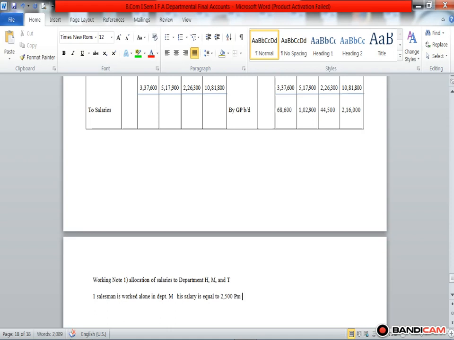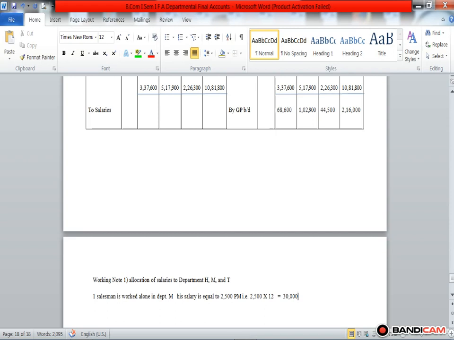So that is per month, 2,500 multiplied by 12, we get a salary equal to 30,000. Calculate 2,500 into 12, 30,000 is the right answer.